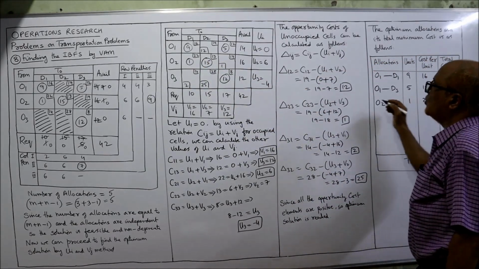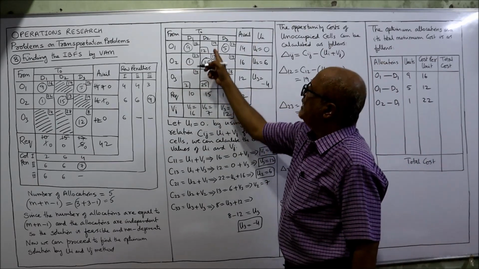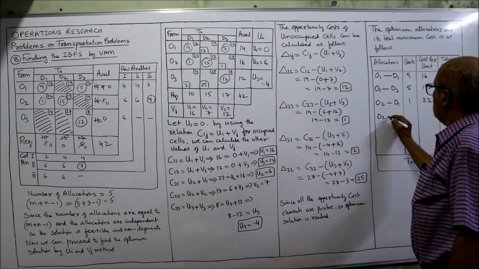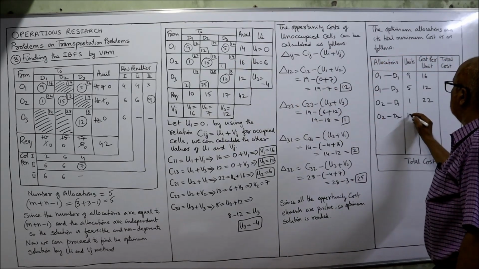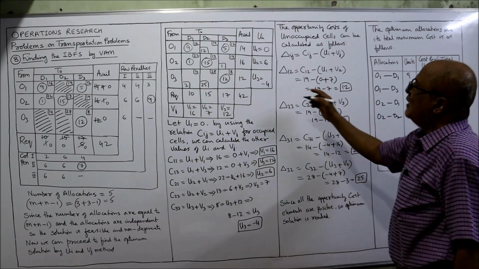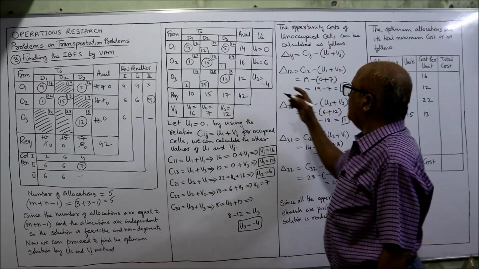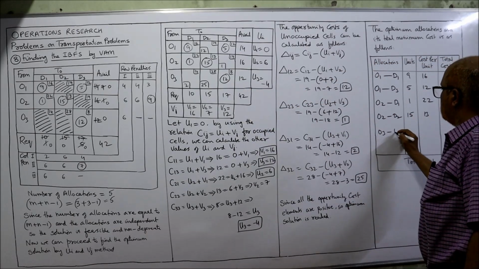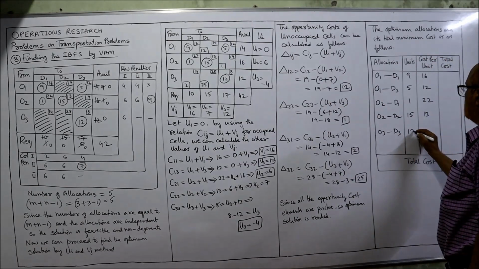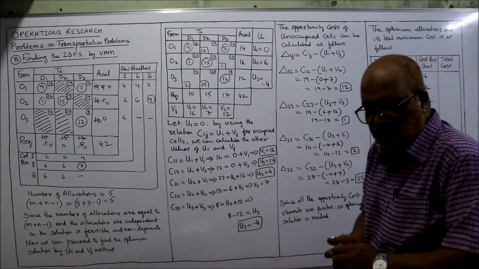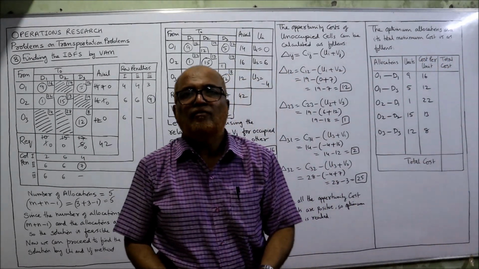O2 to D2: 15 units, 13 rupees. Last one, O3 to D3: 12 units, 8 rupees. That's all. So we have made the allocations.